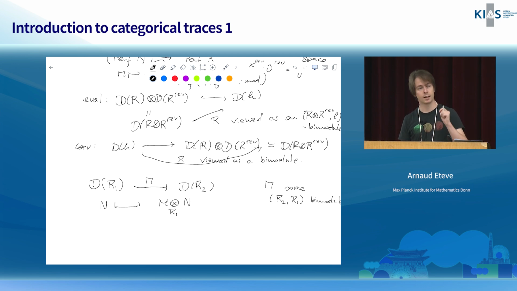Something R is an R tensor R rev, K bimodule, which is roughly the same as just an R tensor R rev module, which is the same as an R bimodule, with the obvious structure. And then I'm saying define the functor from D of R tensor R rev to D of K, and that's exactly using this formalism here.